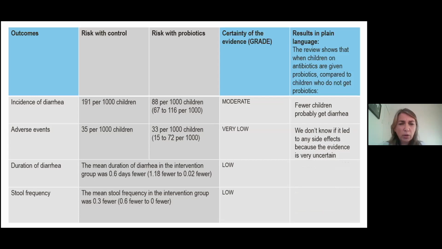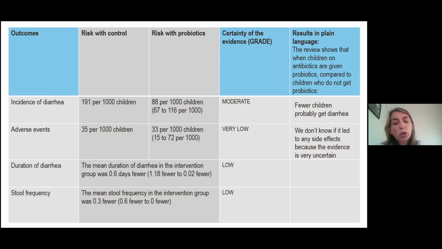Now, for duration of diarrhea, what you'll see is that the mean duration of diarrhea was 0.6 days fewer. And of course, one of the weaknesses of this review, if you remember back to my comment about the size of the scale, is that we have a similar problem here. We don't actually know 0.6 days fewer than what.